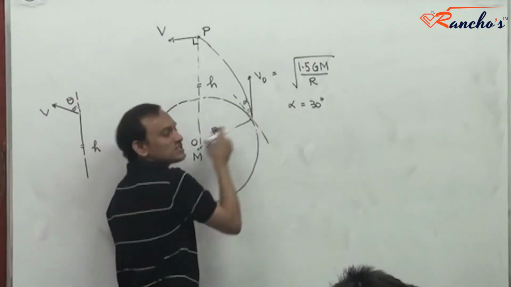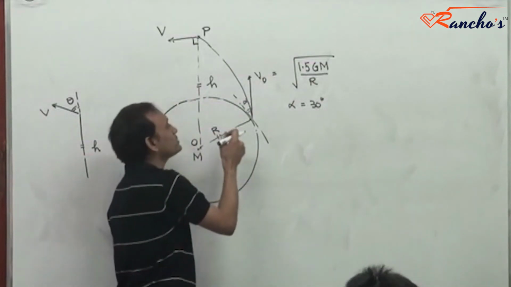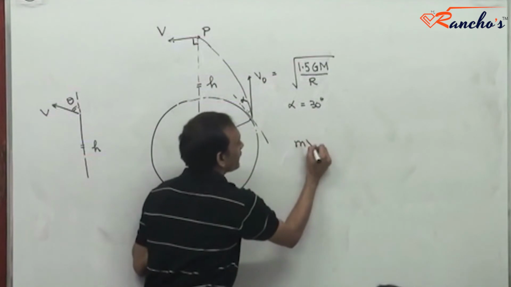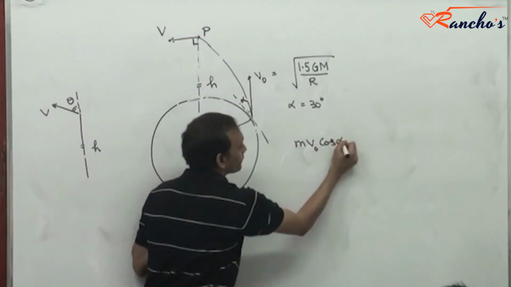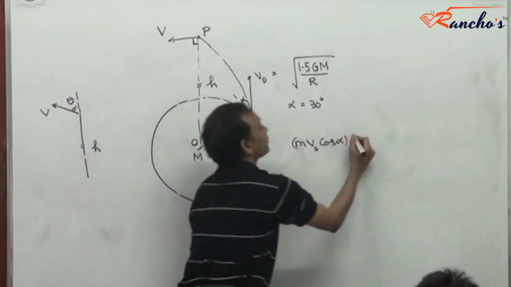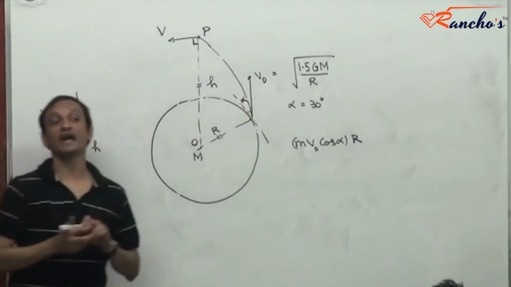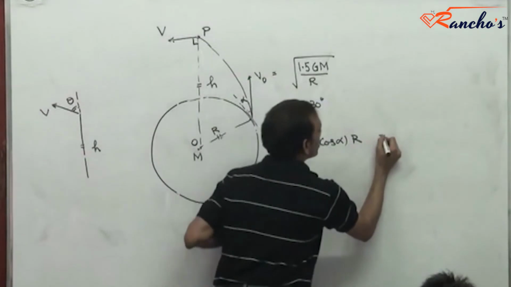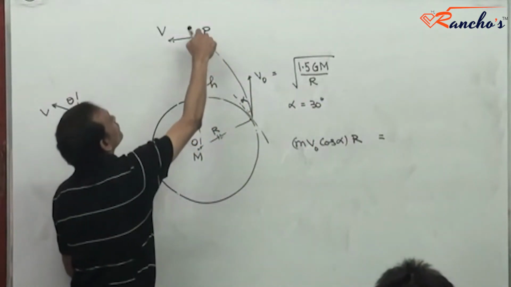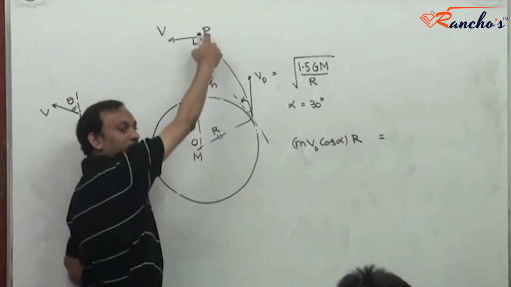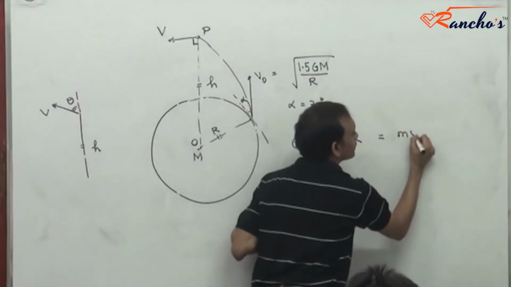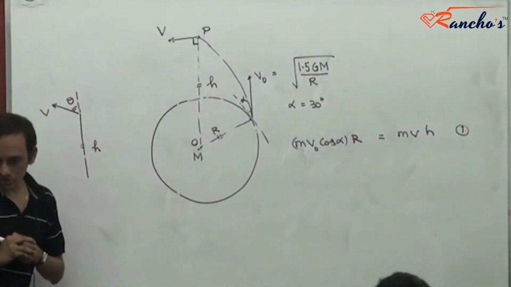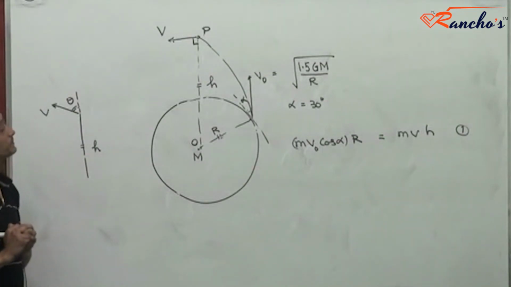V0 sin alpha will pass through the center, and will not contribute to angular momentum about O, whereas V0 cos alpha, m V0 cos alpha into R, will produce the angular momentum about O, and that must be equal to the final angular momentum about O, which is going to be m v into h. That's angular momentum conservation about the center of the Earth.